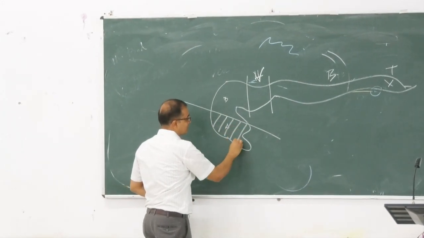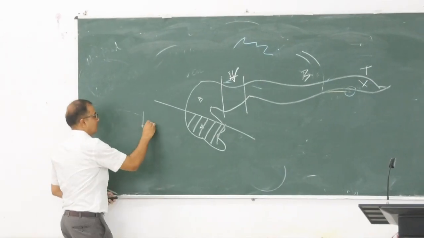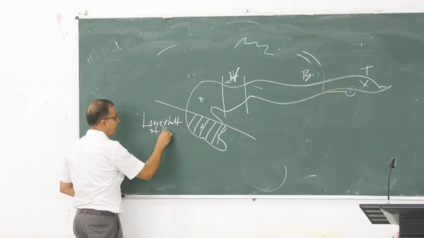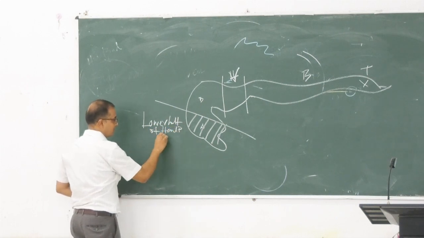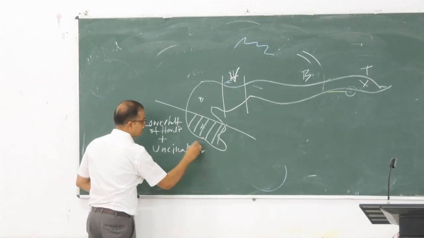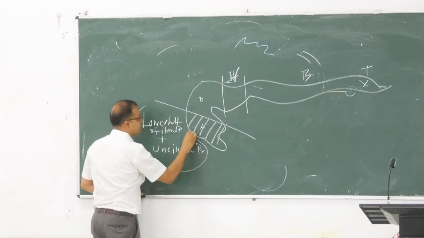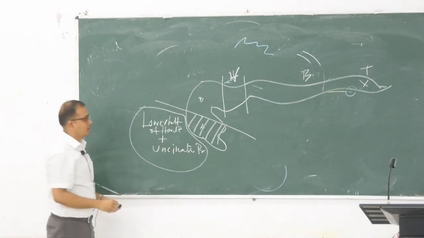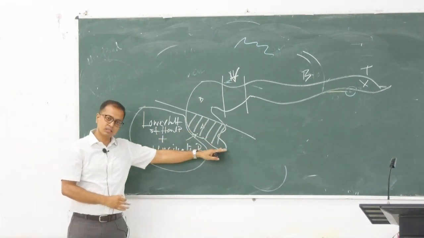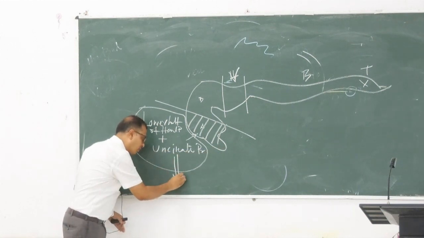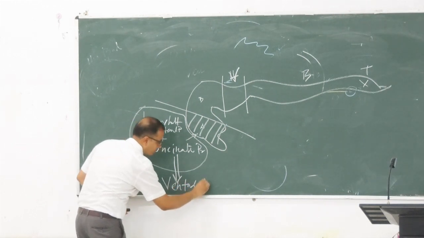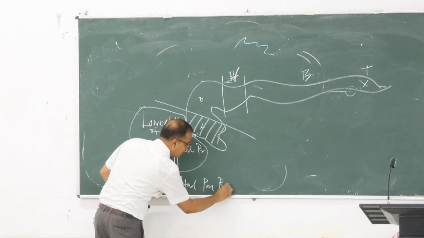This section, which is shaded out here, is the lower half of the head of the pancreas plus the uncinate process. The lower half of the head and the uncinate process come from the ventral pancreatic bud.